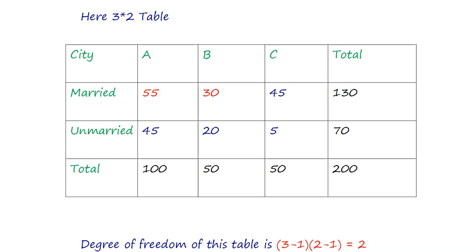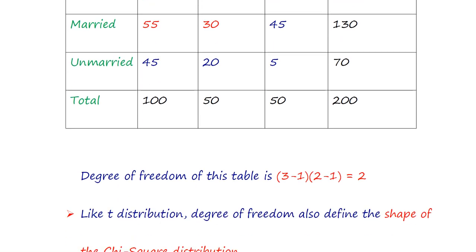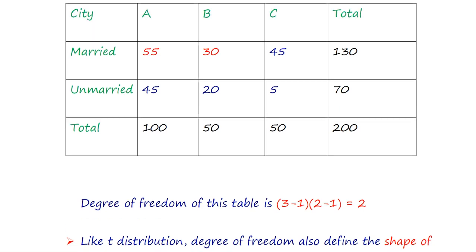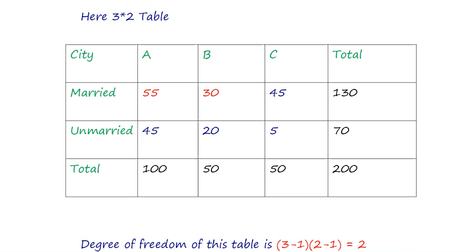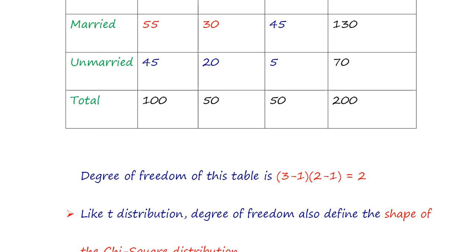Now we move towards the next group, B. Here in this cell we are free to vary. Any observation can be assumed, this is 30. We can assume any other observation, 25, but we write here 30. Now on the behalf of this, 50 minus 30, 20. This will be 20.